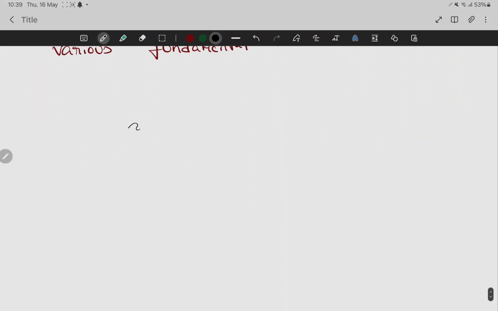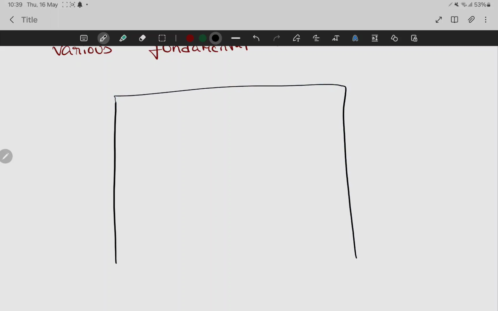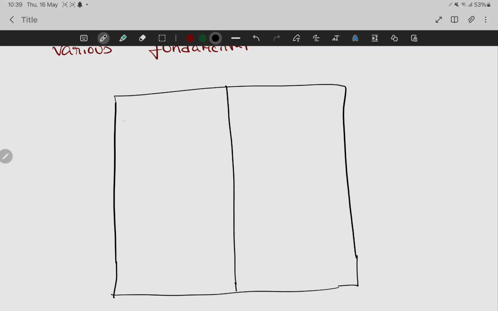So let's put a box. System of unit, fundamental units.